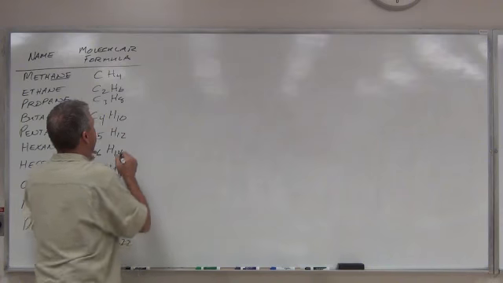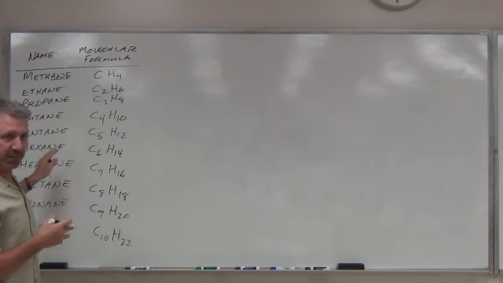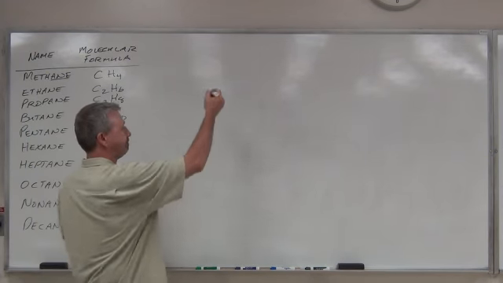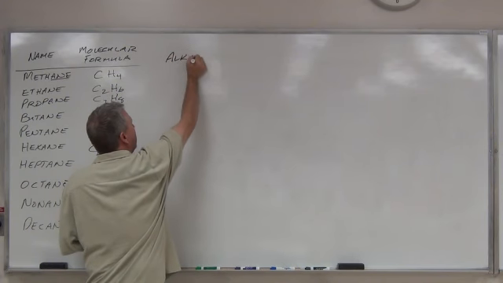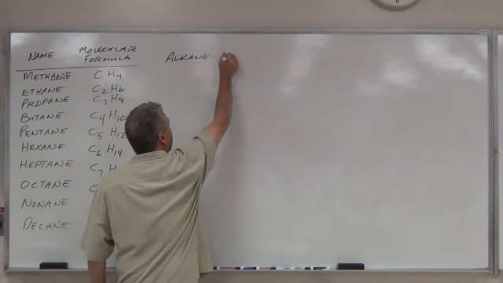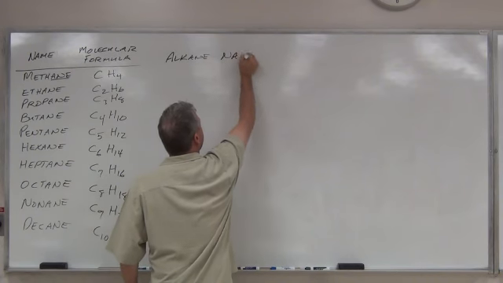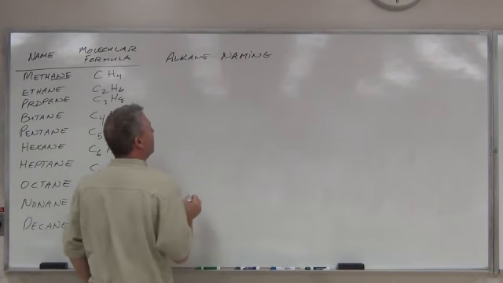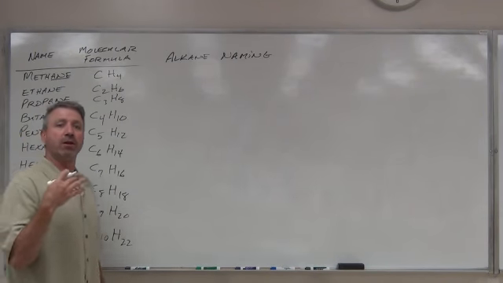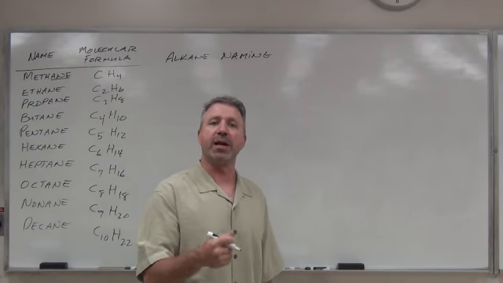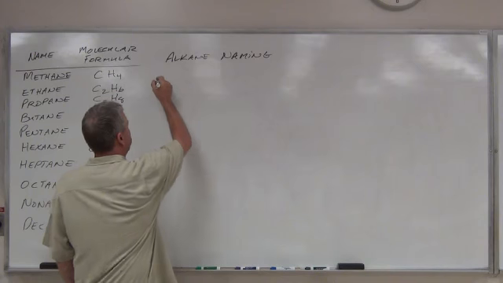For alkane naming, now I left these up here on purpose because we're going to need them right now. Alkane nomenclature. First of all, you have to determine the longest continuous chain of carbons. That's first.